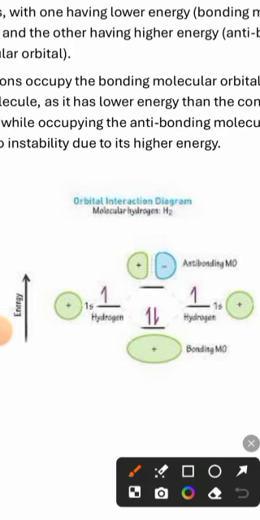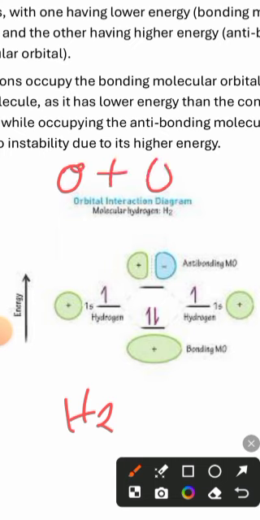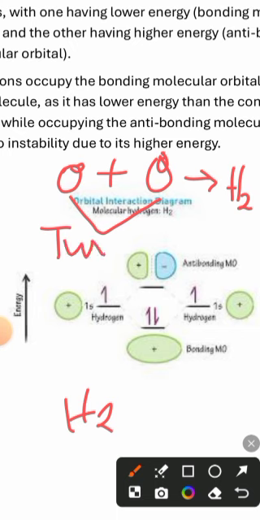Now we can see that for this molecular diagram for the hydrogen molecule, two hydrogen atoms come together to form a single hydrogen molecule, but these two atomic orbitals combine to form two equivalent molecular orbitals.